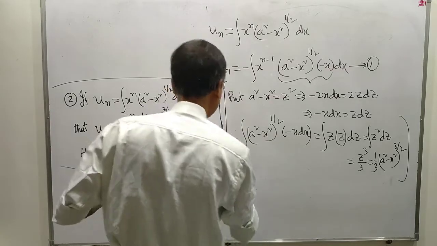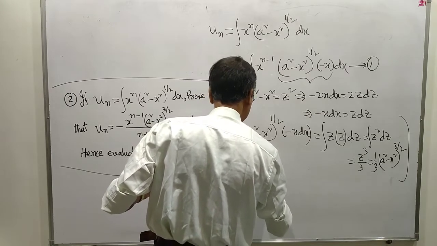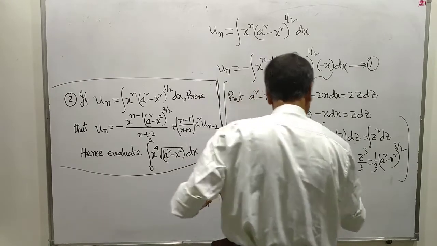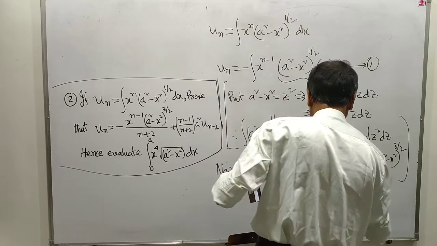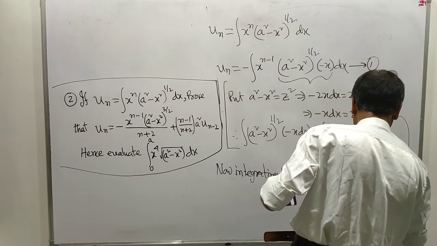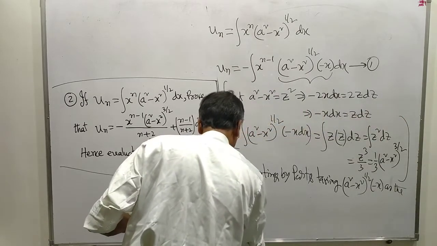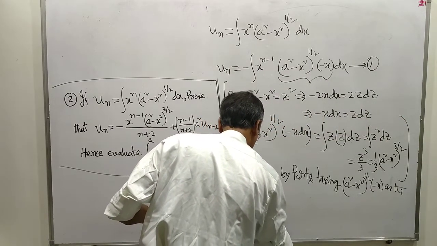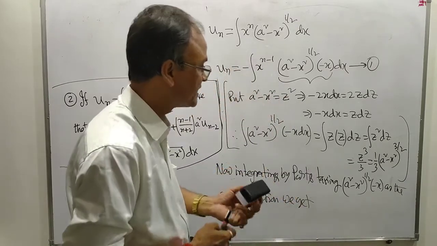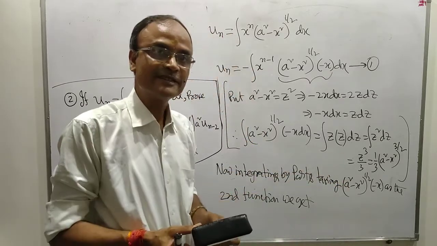Now integrating by parts, taking a square minus x square whole to the power half into minus x as the second function, we get.